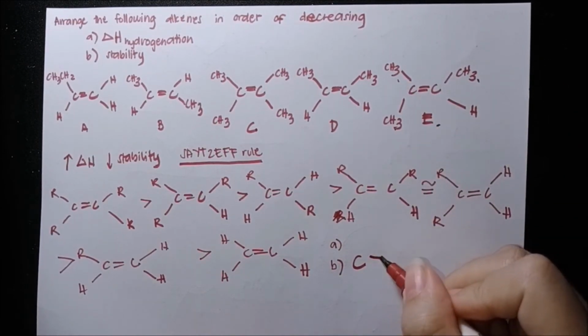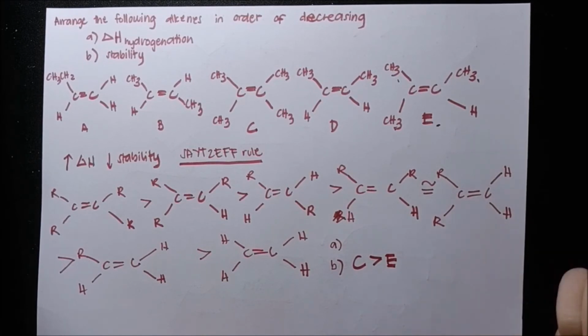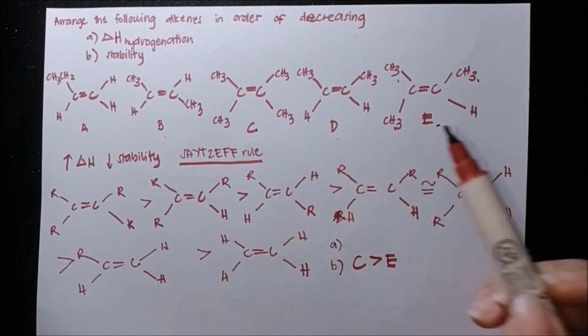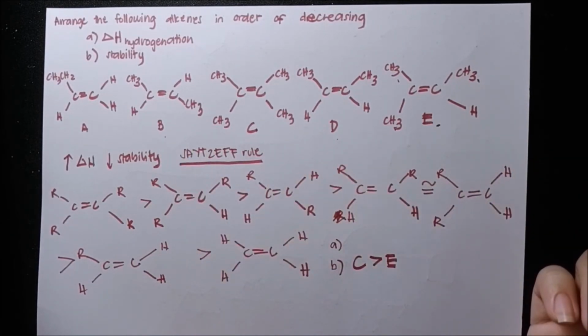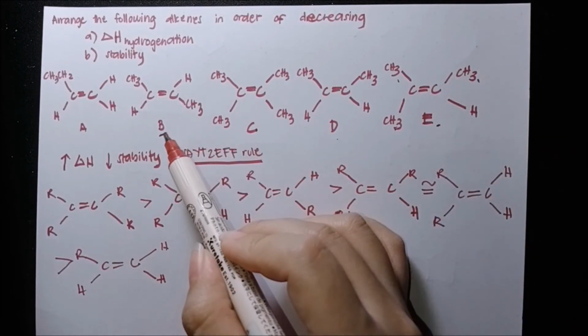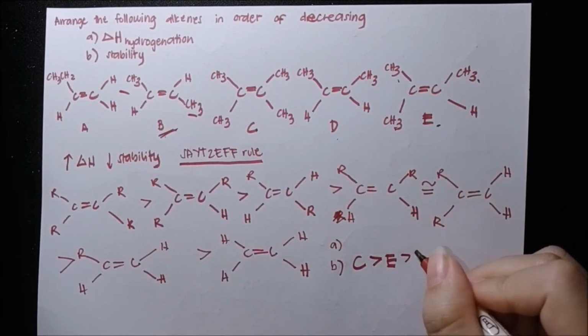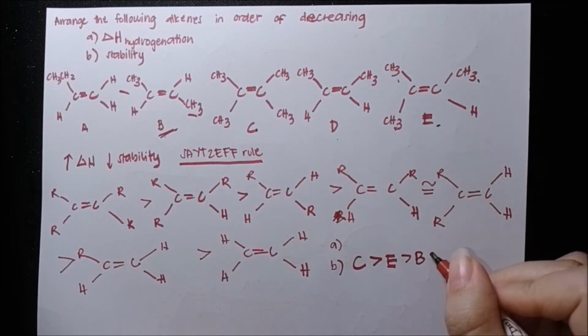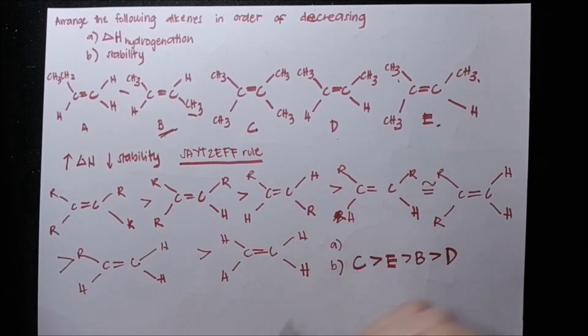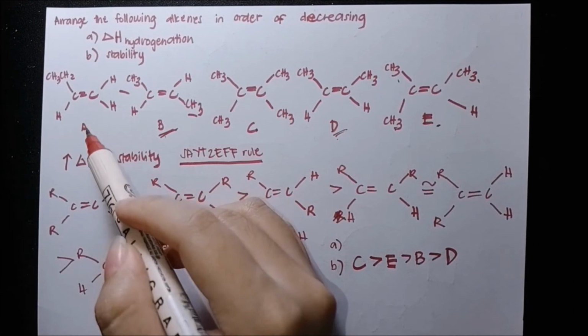So the next one could either be D or B, but trans alkenes are more stable than cis alkenes. And so since B is the trans alkene, we will put it first and then C. And then lastly, we have alkene A as the least stable one with 1 ethyl or alkyl group.